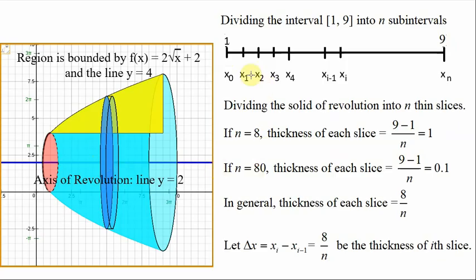But if we divide the interval from 1 to 9 into 80 sub-intervals, then the thickness of each slice would be 0.1. So in general, the thickness of each slice would be 8 over n. Let's denote the thickness of each slice as delta x.